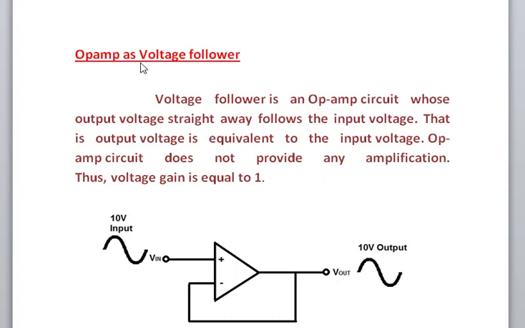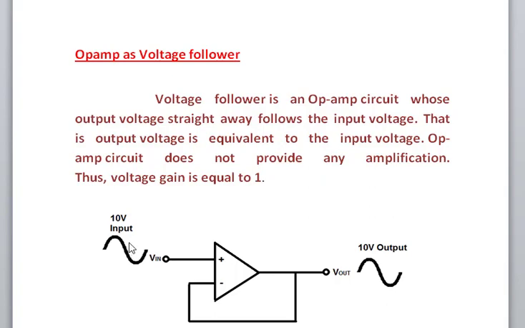Now the operational amplifier working as a voltage follower. What is a voltage follower? A voltage follower is nothing but a buffer circuit. The output voltage follows the input voltage. In the voltage follower circuit using an op-amp, the output voltage directly follows the input voltage.